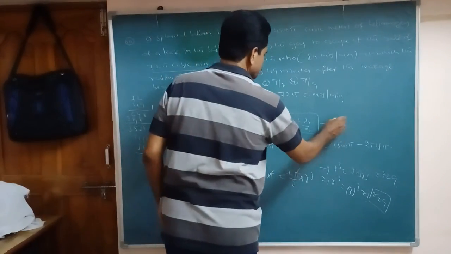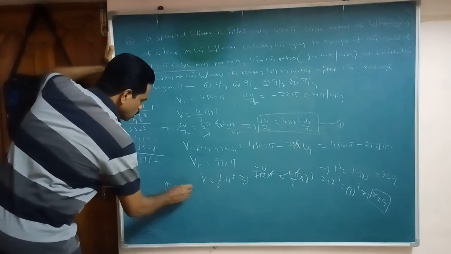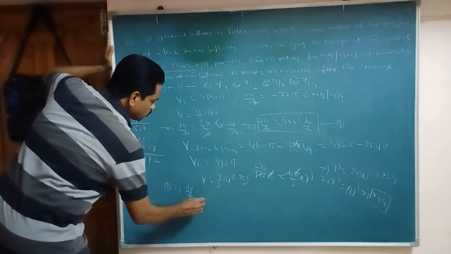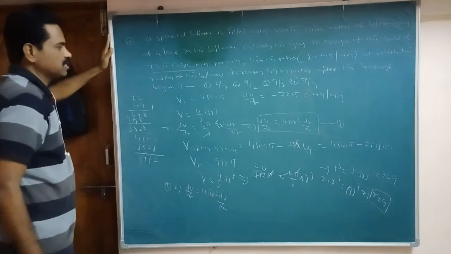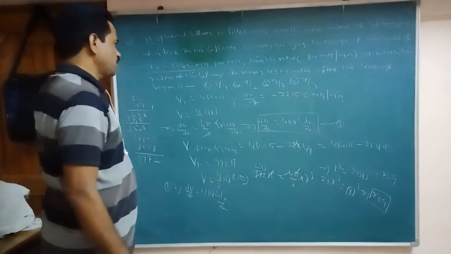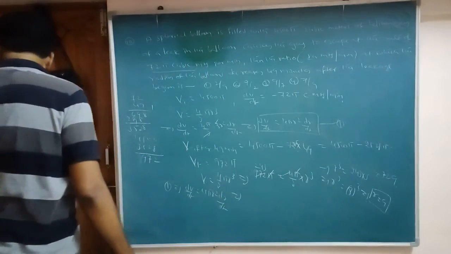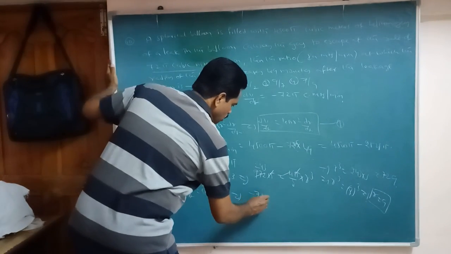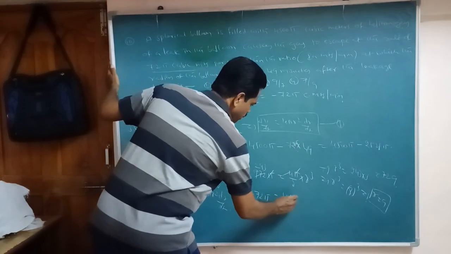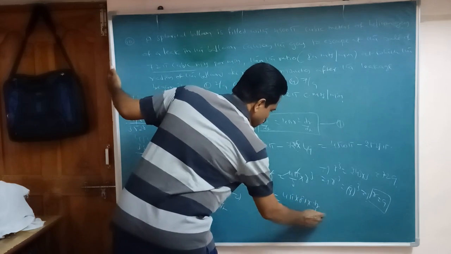From 1, dV by dt equal to 4 pi r square dr by dt. Substitute here the r value and dV by dt. So that is minus 72 pi equal to 4 pi into r square, which is 81, into dr by dt.